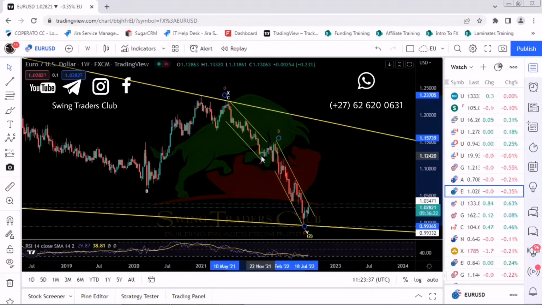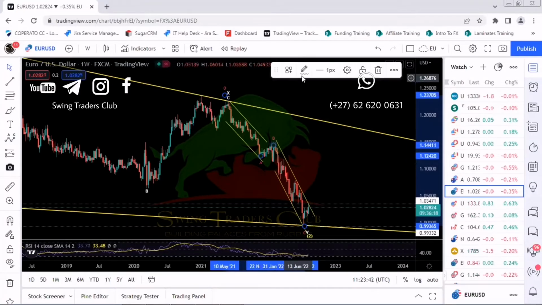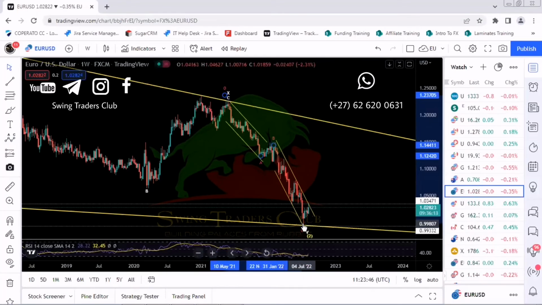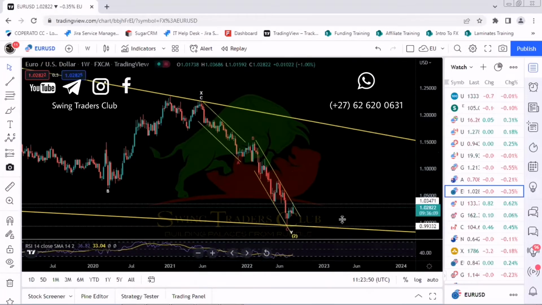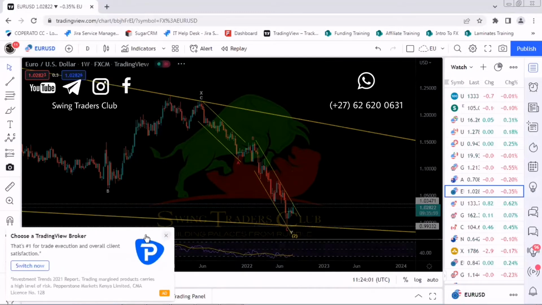So we've got this A, and then we've got this correction for B, and then that correction for C. So this is what we are seeing. With this, it gives me A, B, C for this Y, and then for that Y to complete my 2. That's what I'm seeing on weekly. And then let's go on daily.